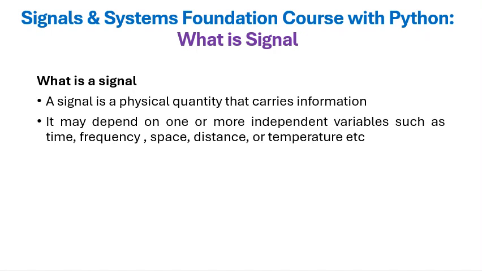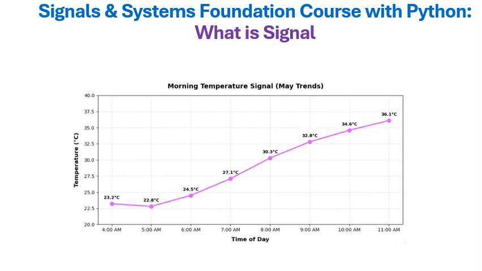So let's first have a look at the different signals, and we'll then further discuss on this. Shown here is a temperature signal. You can see it varies with time. So this one is a time domain signal that varies with time, a typical temperature signal in the summers.